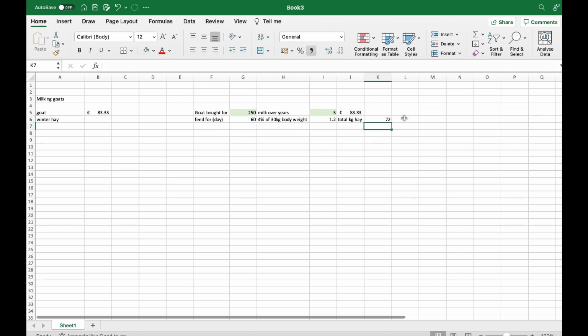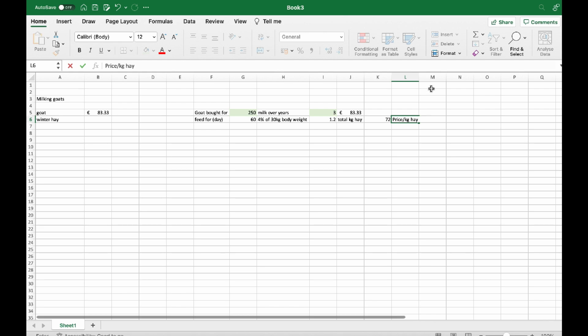And the price of hay is, I can get a small bale of hay for €4, and that's 15 kilos. So 4 divided by 15. So it's 26.6 cent, price per kg of hay.